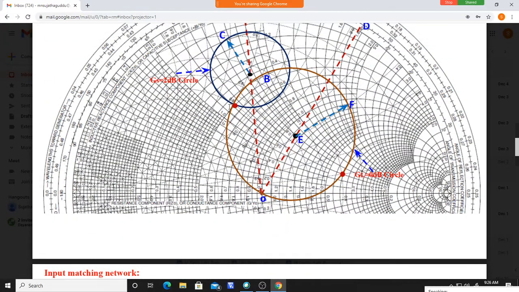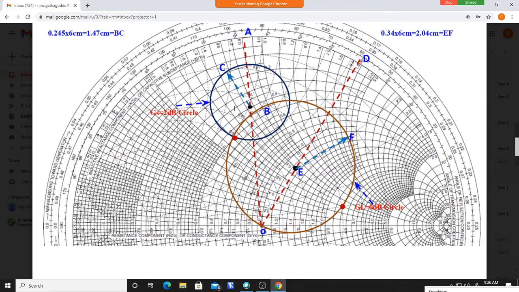This impedance we should set looking towards the source. Actually 50 ohm is there without the impedance matching network, but you should change the impedance from 50 ohm to this value. Then only we will be getting that 2 dB gain. So that's why you should change that.